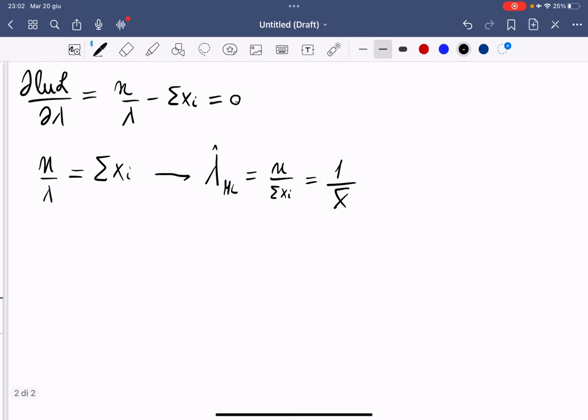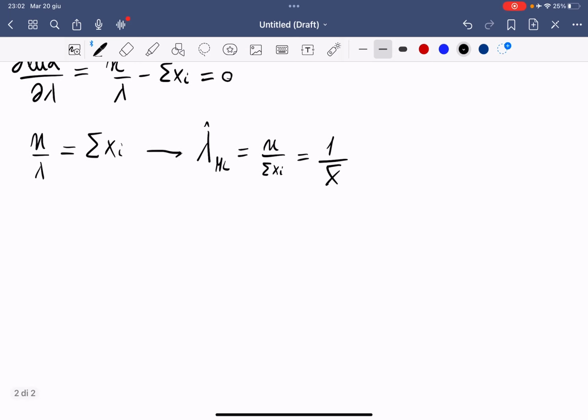Then we have to verify the concavity, in order to be sure we are achieving a global maximum.